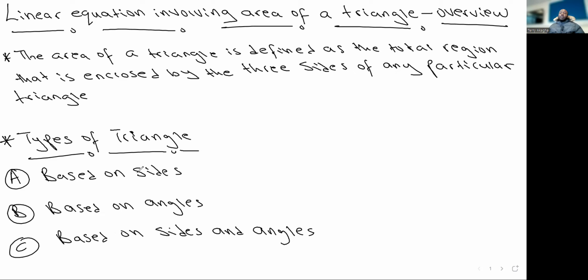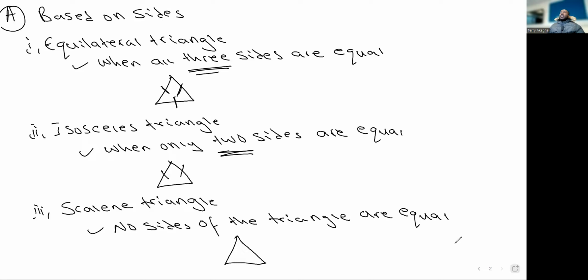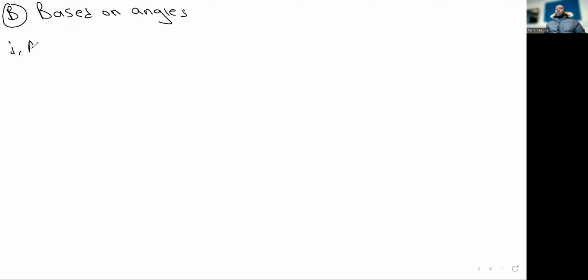Remember I said we have based on sides and based on angles. So let's go to the next one, B, based on angles. The first one we have is the acute triangle.